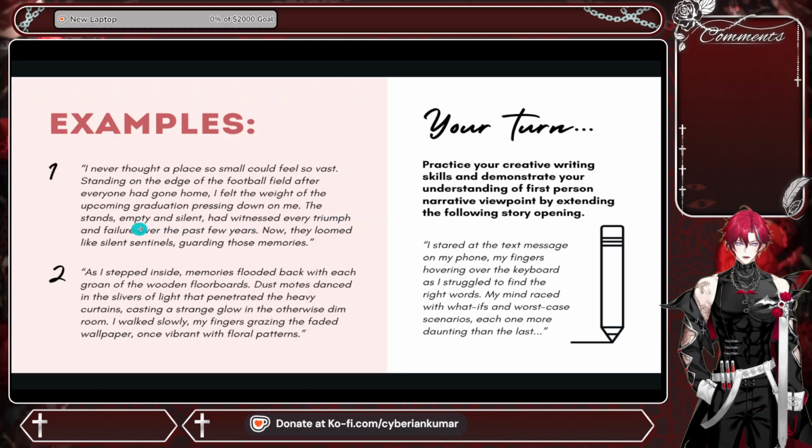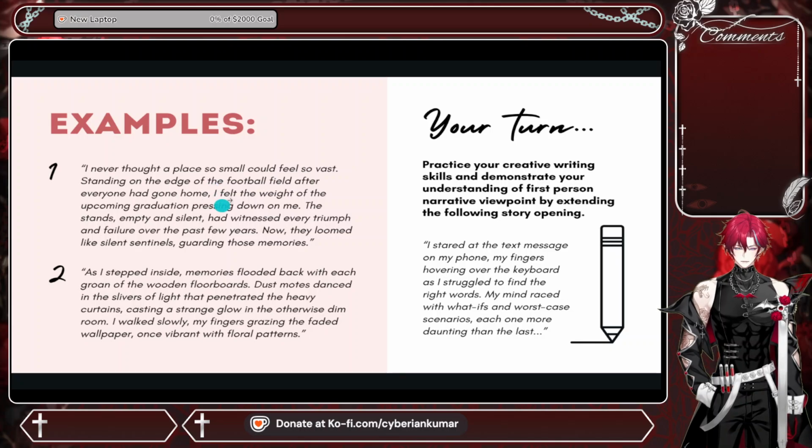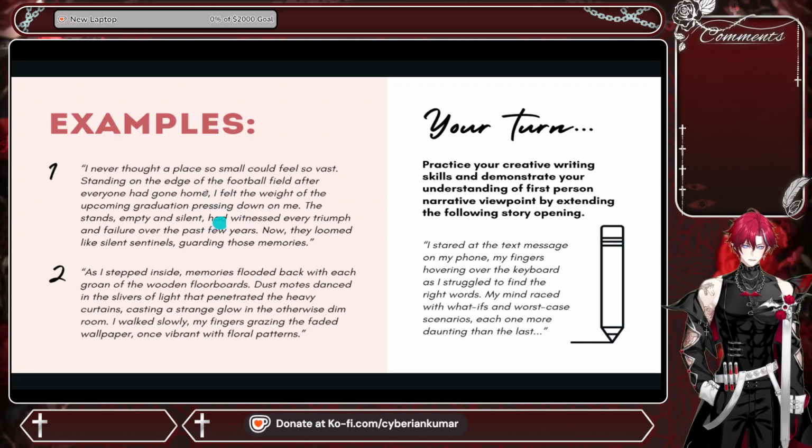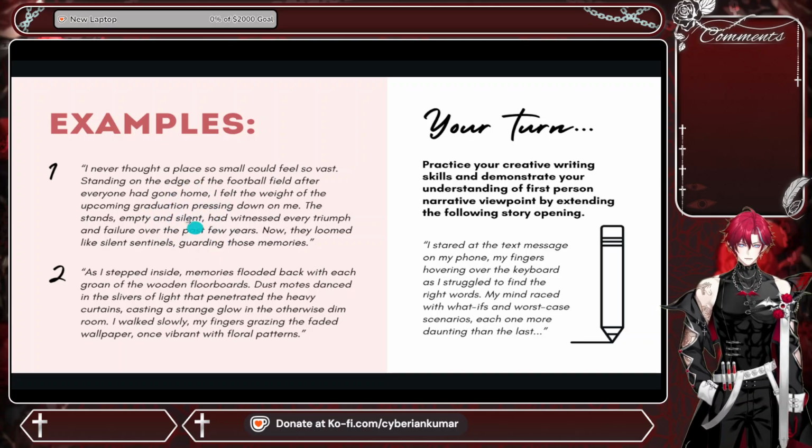The stands, empty and silent, had witnessed every triumph and failure over the past few years. Now they loomed like silent sentinels guarding those memories. So this is one of the examples of first person perspective of the story. So you see how it is describing the main character's feelings and conflicts and everything.